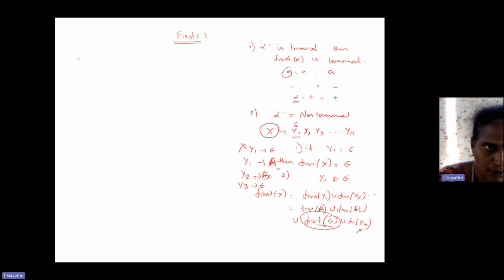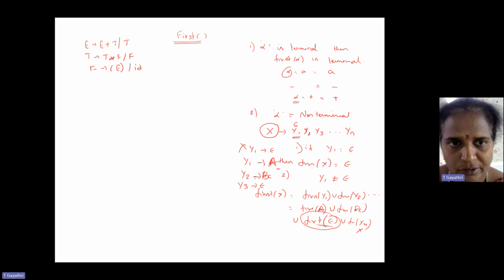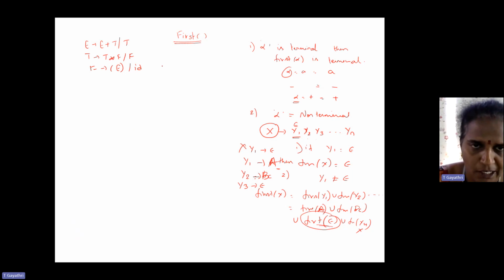Now we see one example. Previously I explained E tends to E plus T or T, T tends to T star F or F, and F tends to open brace E close brace or ID, right? For these grammars, I want to find out the first values.